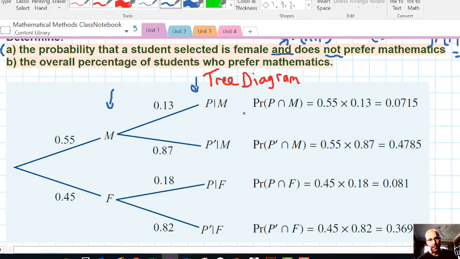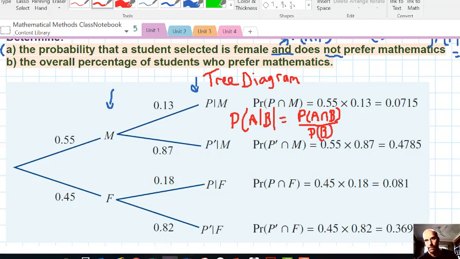So you can see that we can basically follow these all the way through using our multiplication law of conditional probability. Now recall that probability of A given B is the probability of A intersection B over the probability of B. So for this first outcome up here, we would see that's the equivalent to A and that's the equivalent to B, and it's a rearrangement of that, isn't it?